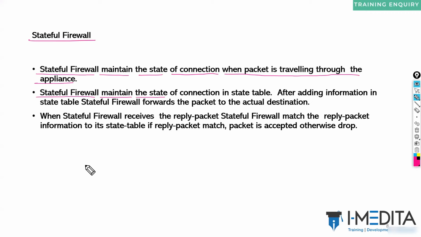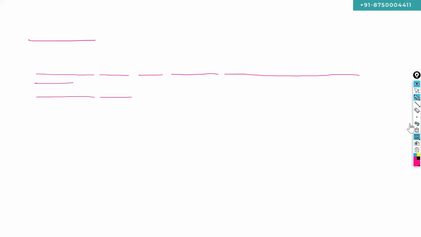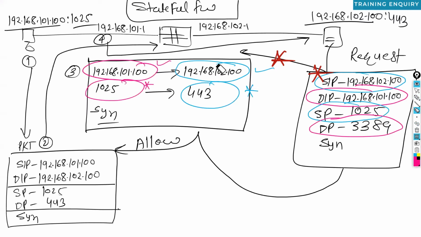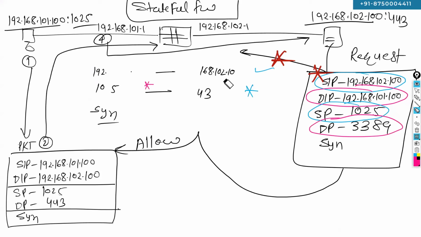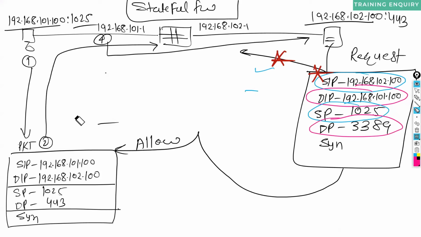Can you explain, in the same example, if this is not a stateful firewall but a stateless firewall, what happens? Then it will not check this information. This kind of database will not be maintained by a stateless firewall.